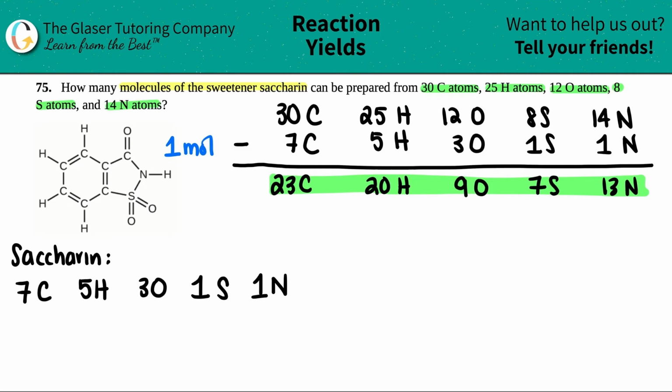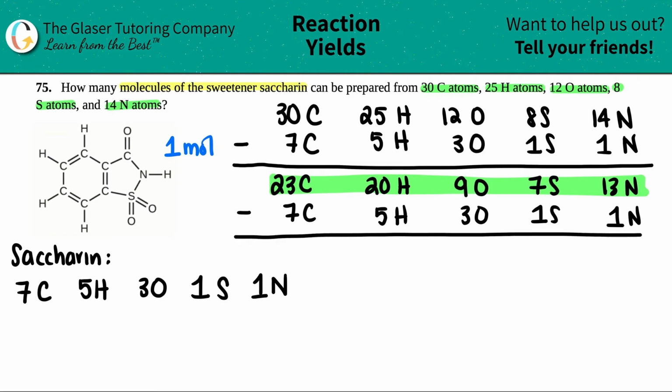Now, if I want to make another molecule of saccharin, I got to subtract again. So let's do it again. Maybe we'll only make 1. So I have to minus 7 carbons, 5 hydrogens, 3 oxygens, 1 sulfur, and 1 nitrogen.